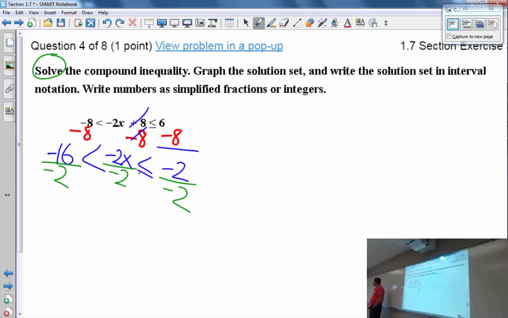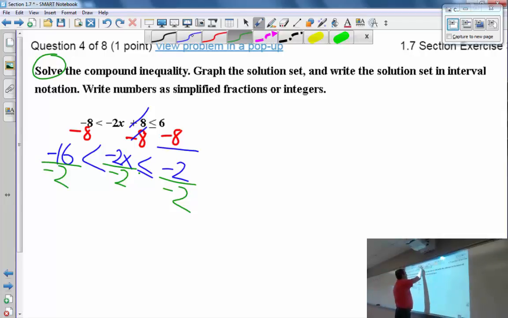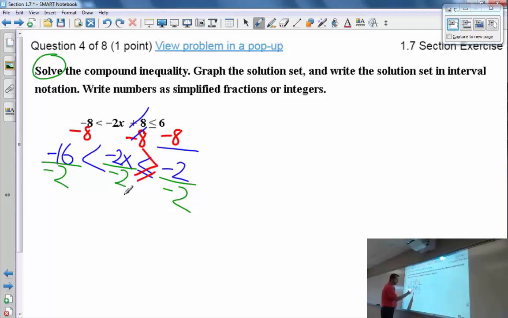Where is the possible mistake? Flip the signs. We need to flip the signs. Yeah, why? The reason for this? Because of the negative. If you're dividing by a negative, you need to flip the signs. Got it now, right?